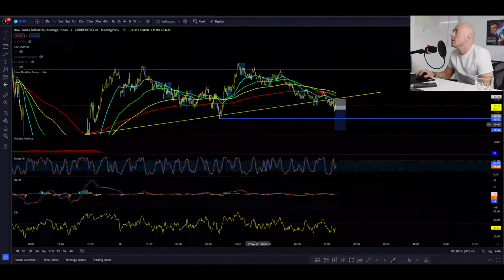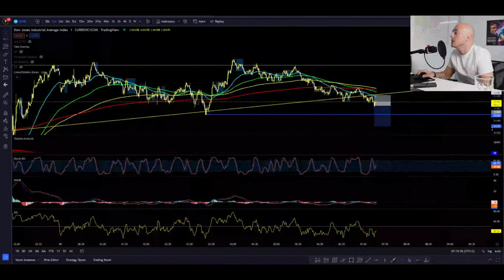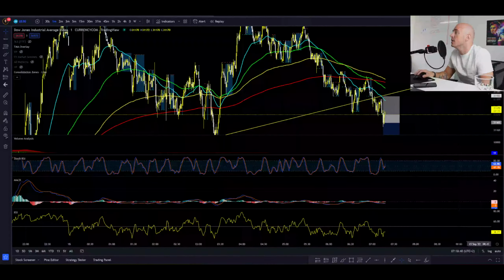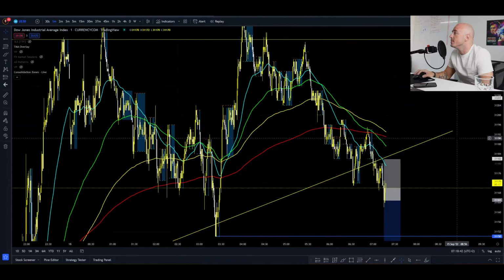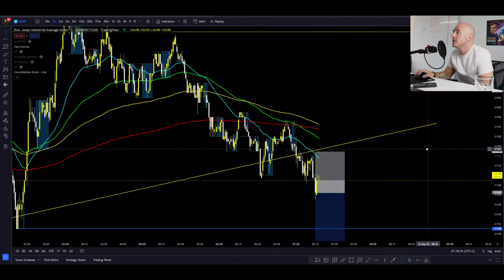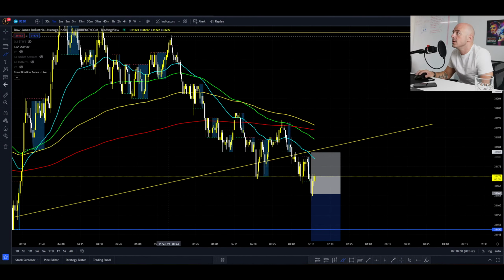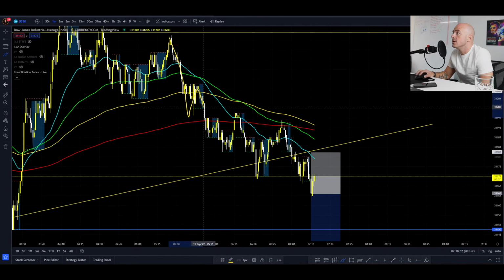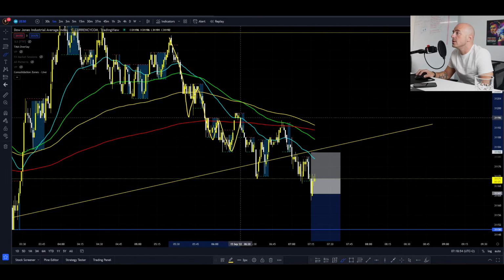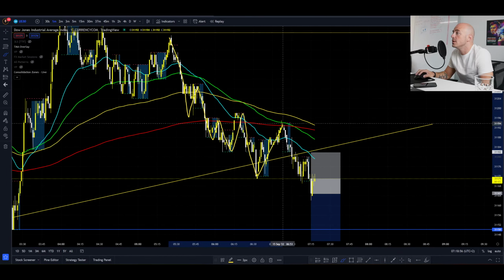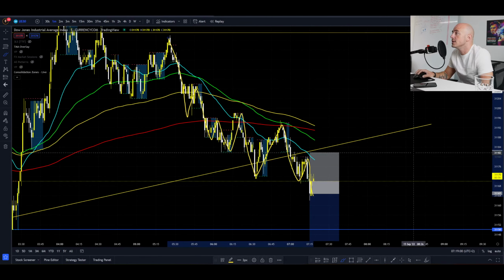So let's just keep an eye on it and wait for some more price action, because what I'm seeing here is structure looks pretty decent.